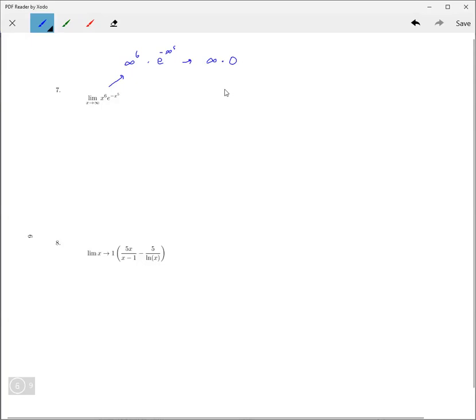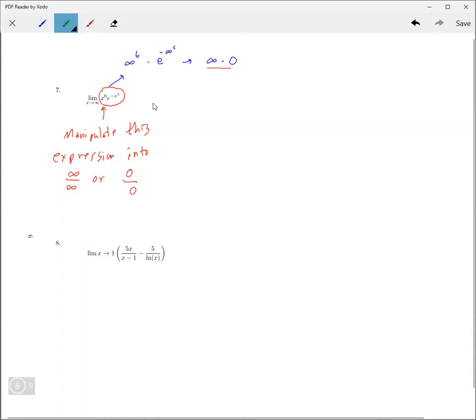So what you have to do is manipulate this expression into infinity over infinity or 0 over 0. That's what you have to do.